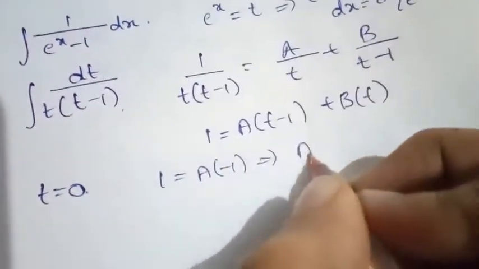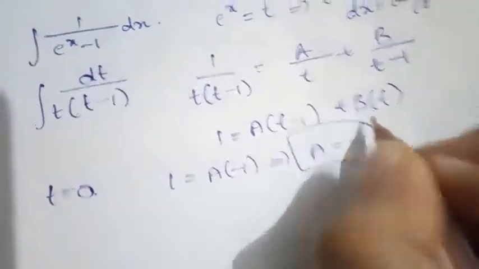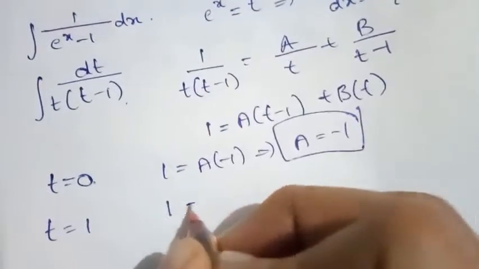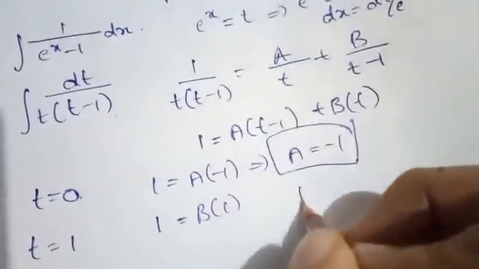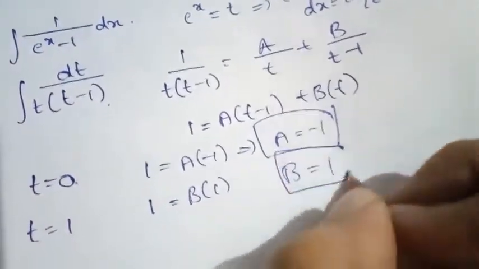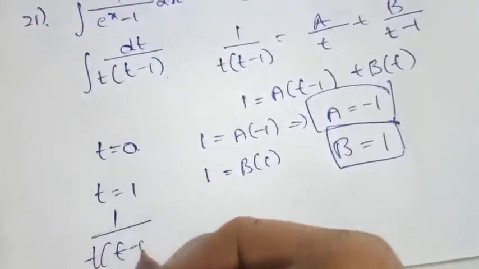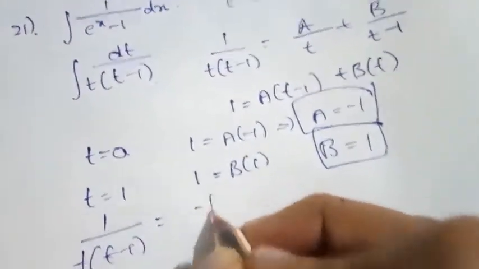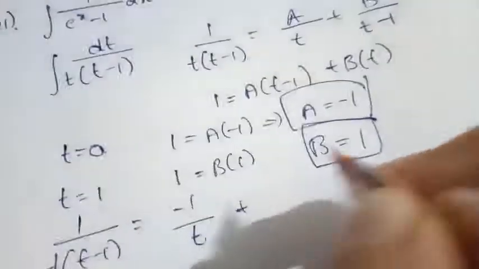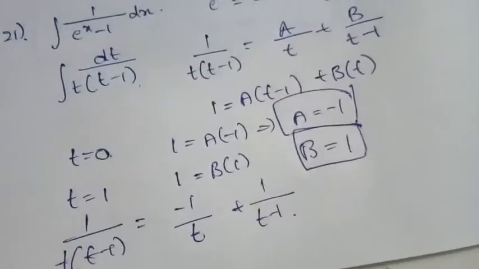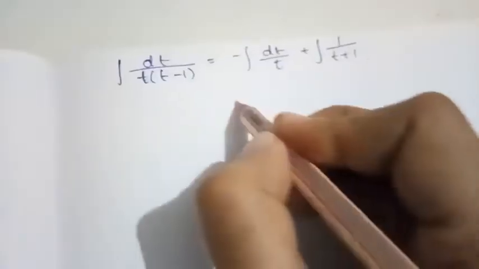So the value of a is equal to minus 1. When I put t is equal to 1, 1 is equal to b into 1. So the value of b is equal to 1. Now substituting back here, 1 divided by t into t minus 1 is equal to minus 1 divided by t plus 1 divided by t minus 1. Now integrate.